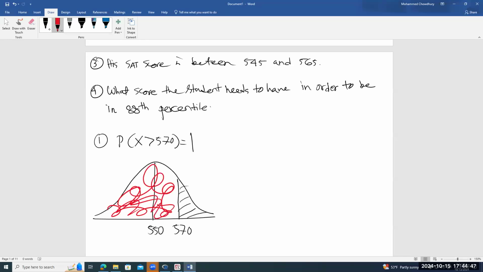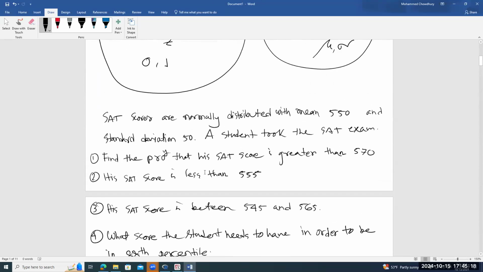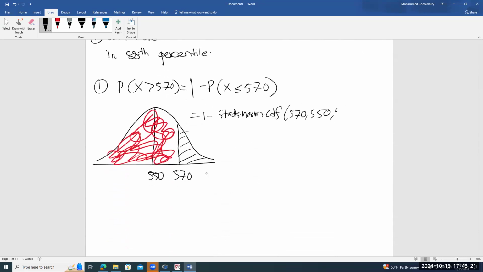If I subtract that one, then I'll get the value. So 1 minus the probability of X less than or equal to 570, which I can write as 1 minus stats.norm.cdf(570, 550, 50). Standard deviation is 50. That is the solution, okay? You can find it, right?